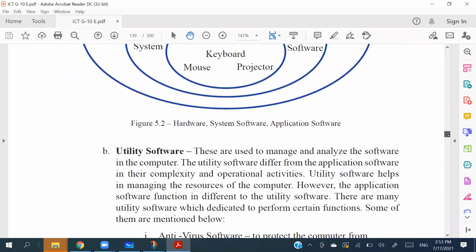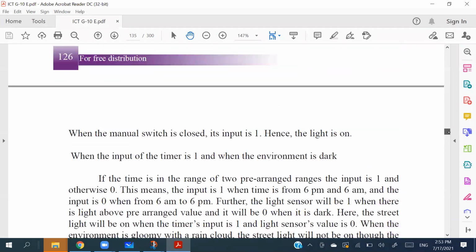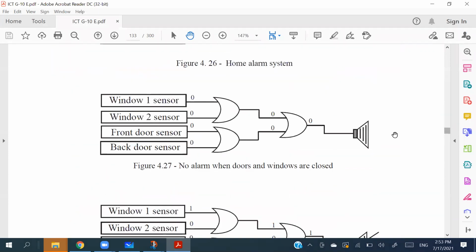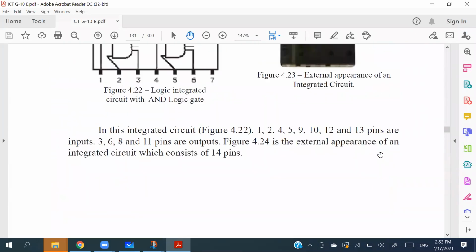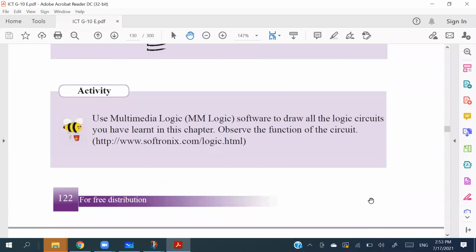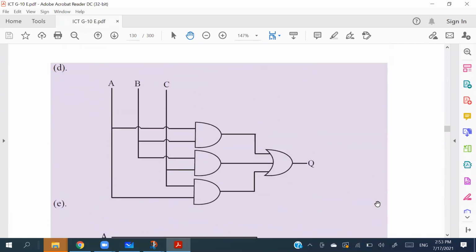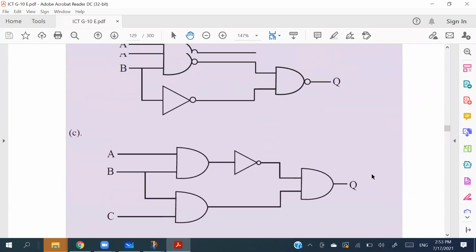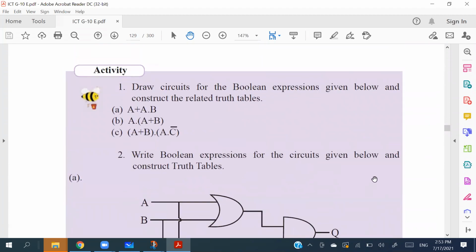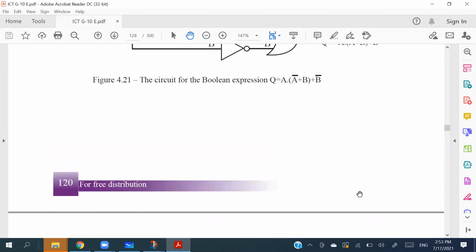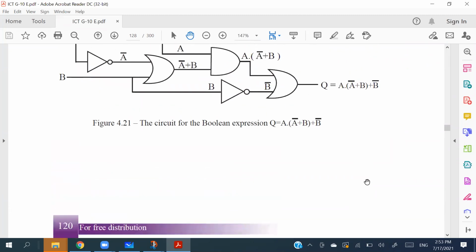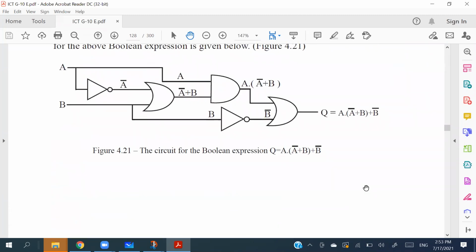We have talked about different kinds of gates. Now they are talking about different kinds of circuits and the outputs of those. I'm not going to give you any separate notes regarding this.